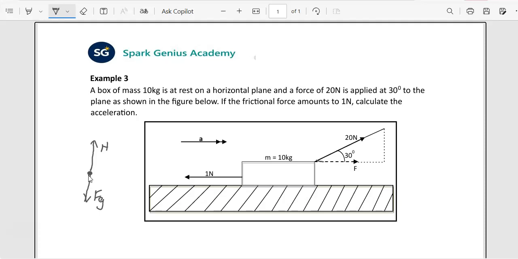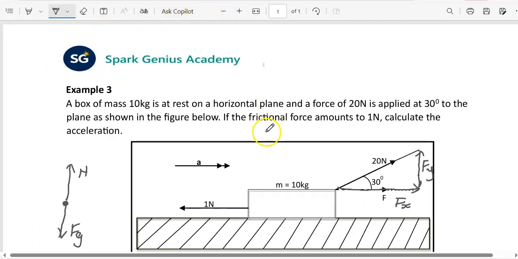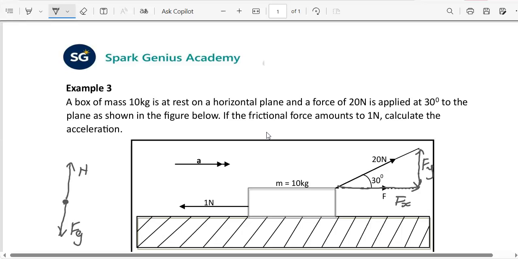If we have this as our Fx in that direction, I'm going to have another vertical force. Using the tail-to-tail method, our Fy is moving up. So we have another vertical force moving in an upward direction. I'm going to call that one Fy. That's how you do the vertical forces.